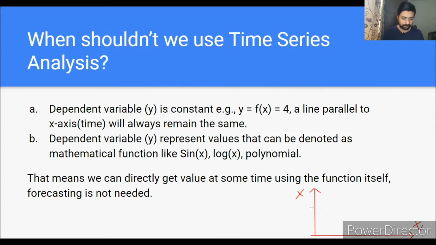So let's resume. If this variable is constant for any time interval, so at t equal to 0, or t equal to 1, or t equal to 2, the x value is constant, then you don't need to do any time series analysis, right? It's obvious what the x value would be at any future date as well.